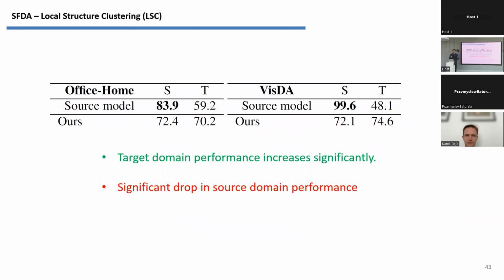If you just use this simple method, you can compare with the source model, which is just directly using your source model. For example, on Office-Home, you get 84 versus 59. If you use this model, you do much better on the target domain.